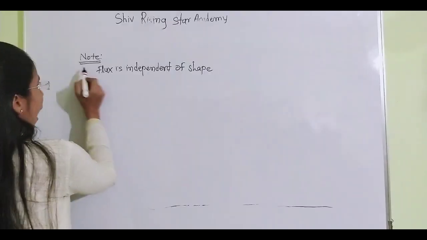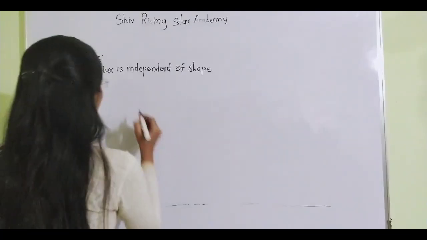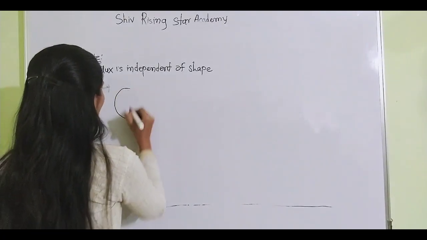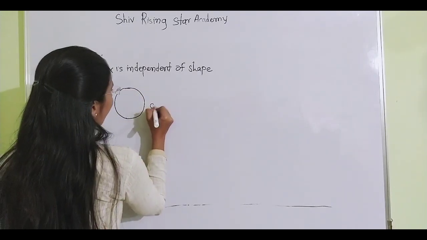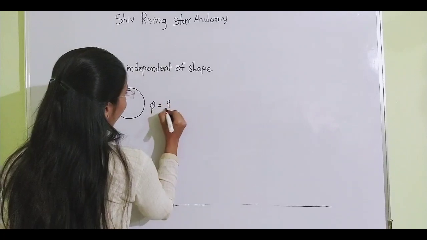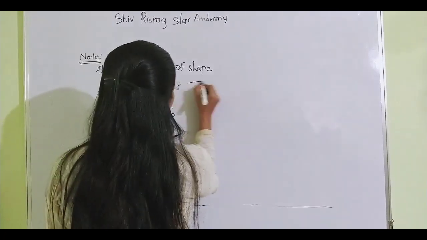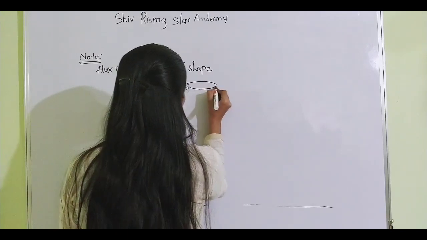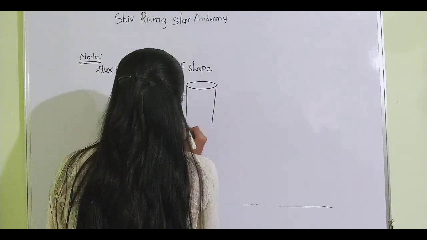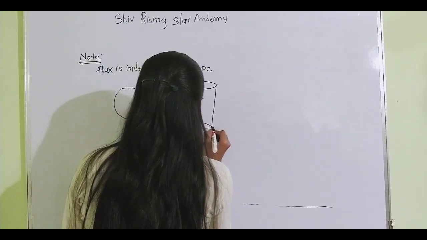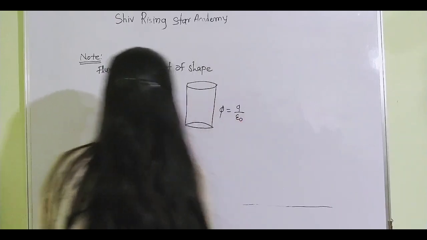One note is that electric flux is independent of shape. Suppose this is a circular or spherical shape, the electric flux phi is Q by epsilon naught. Suppose this is a cylindrical shape, the electric flux phi is equal to Q by epsilon naught.